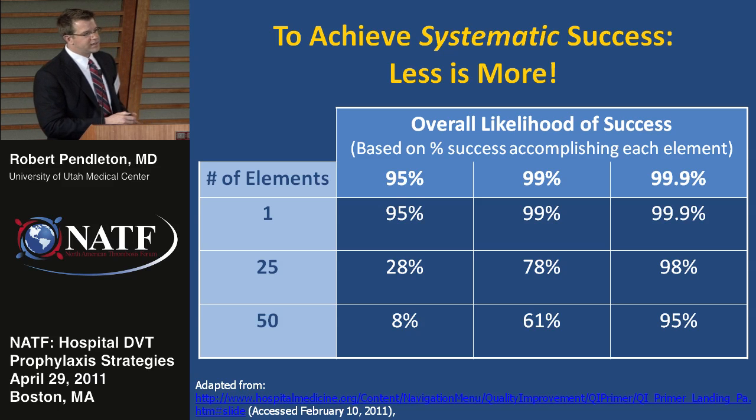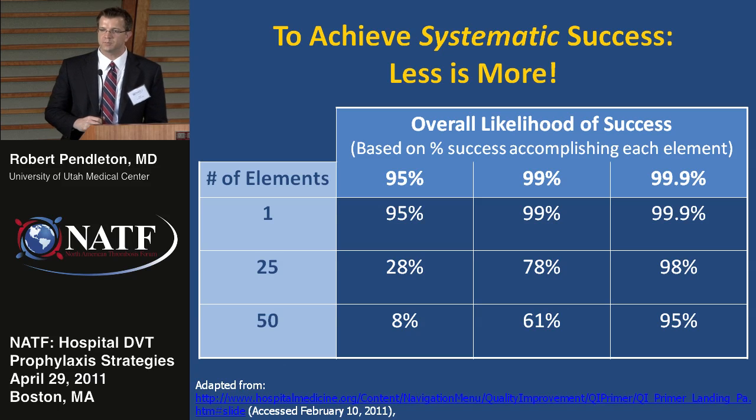If we have a 95% likelihood that we'll complete an element successfully, which is very high, we would predict that if we only have to do one single thing as our protocol, our VTE prophylaxis rates will be 95%. But if our protocol involves, let's say, 25 elements, and each element still has a 95% success rate, our overall success in delivering appropriate DVT prophylaxis would only be 28%.